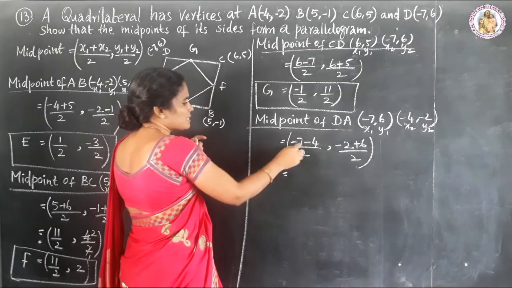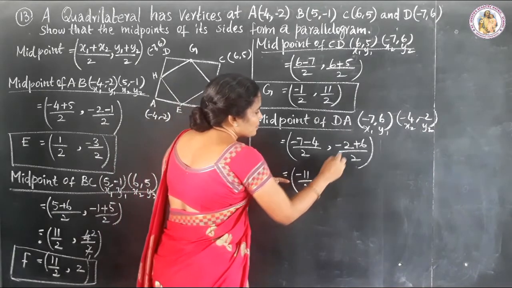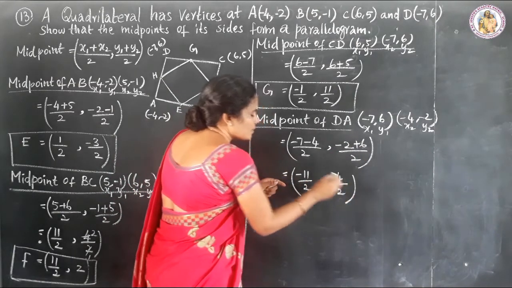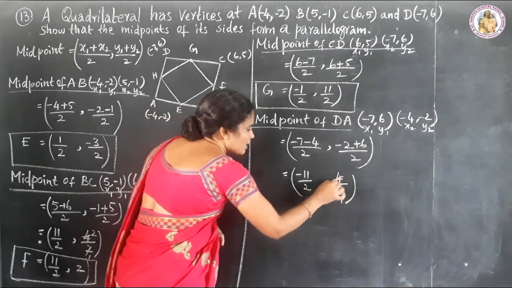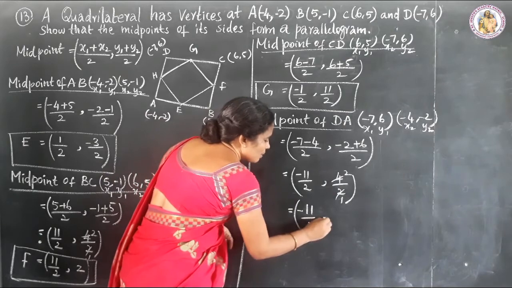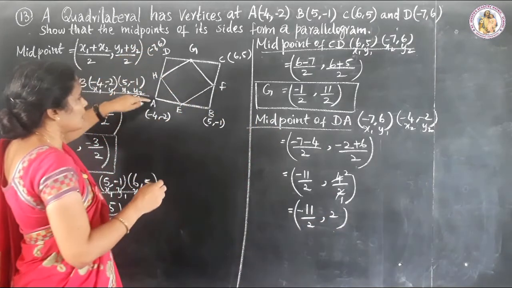Same sign, 7 plus 4 is 11, so minus 11 by 2, comma, different sign, 6 minus 2 is 4, divided by 2. Okay, 2 ones are 2, 2 twos are 4. So it is (-11/2, 2). So the midpoint of DA is H.